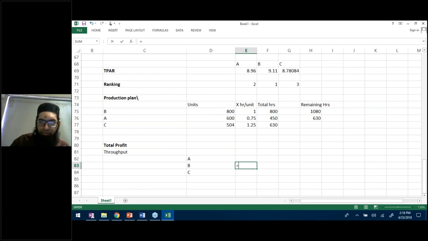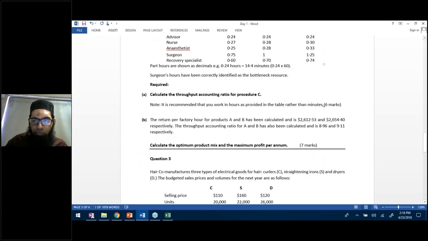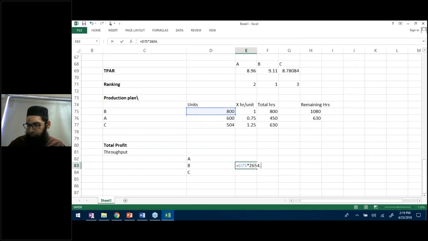So for B it is 800 multiplied by the throughput per unit which is given in the question, and it was 2654.4. So it's 2123520.